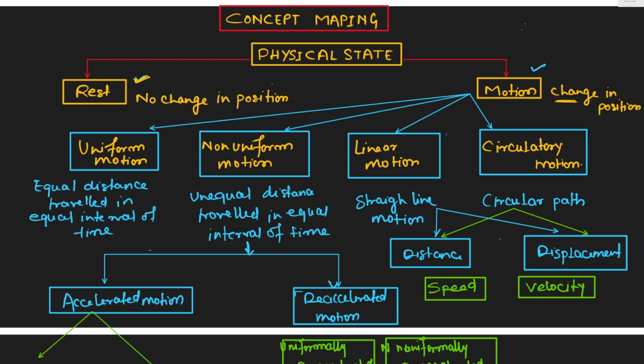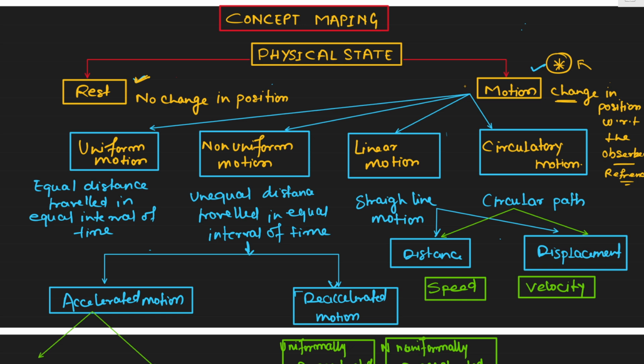But for someone standing outside, you are moving. So this brings us to the question, what exactly is motion? Motion is change in position with respect to the observer, or we can say reference.